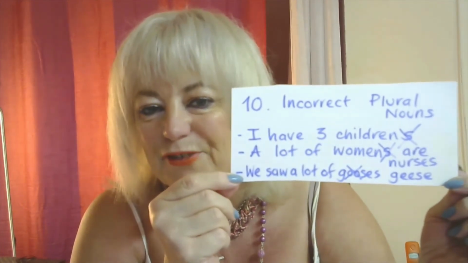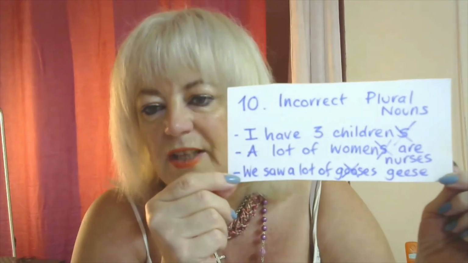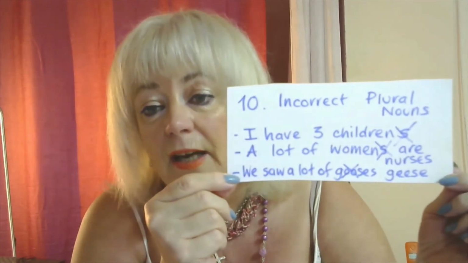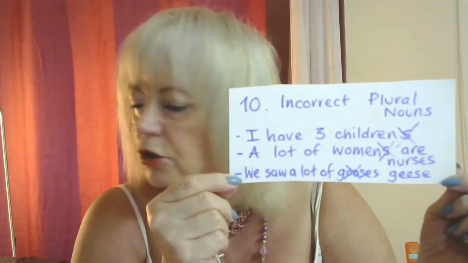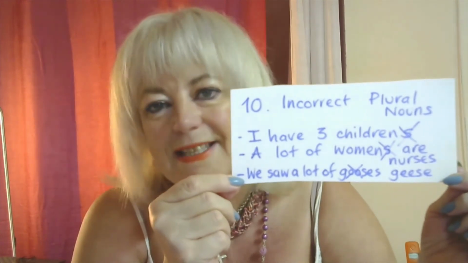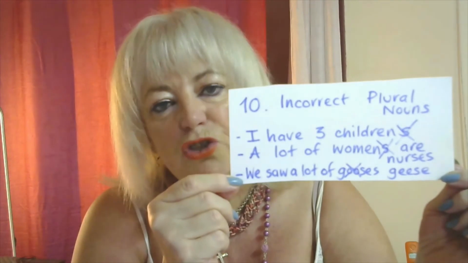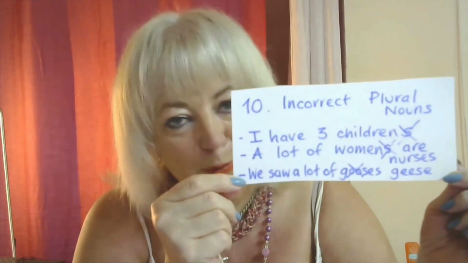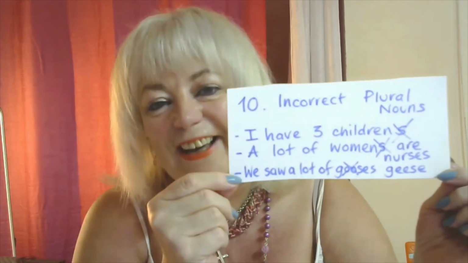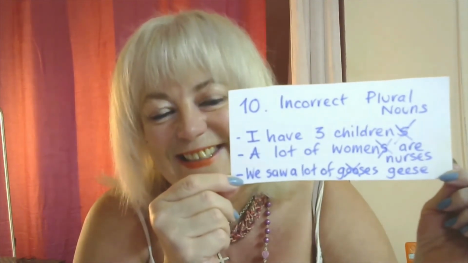Yeah, I have 3 children. A lot of women are nurses, not a lot of women's are nurses. We saw a lot of gooses. No, we saw a lot of geese.